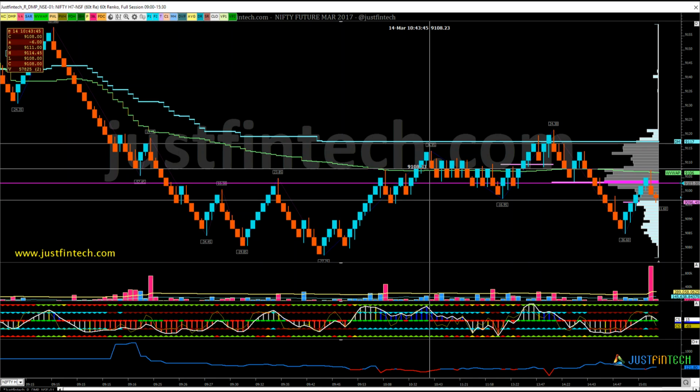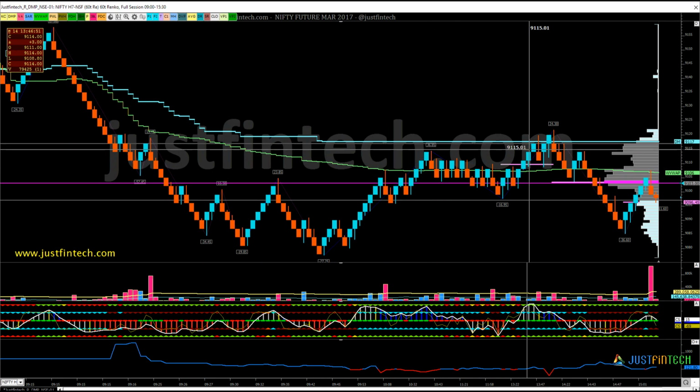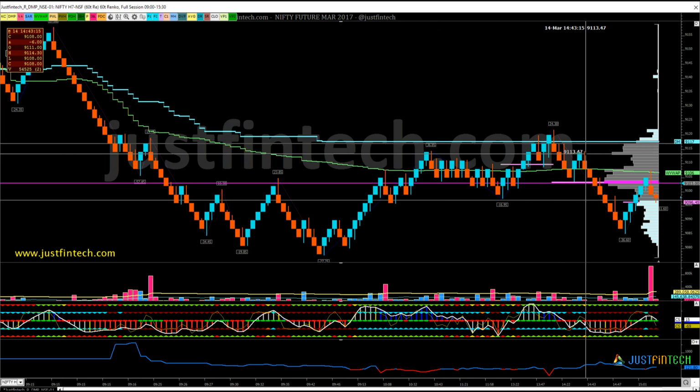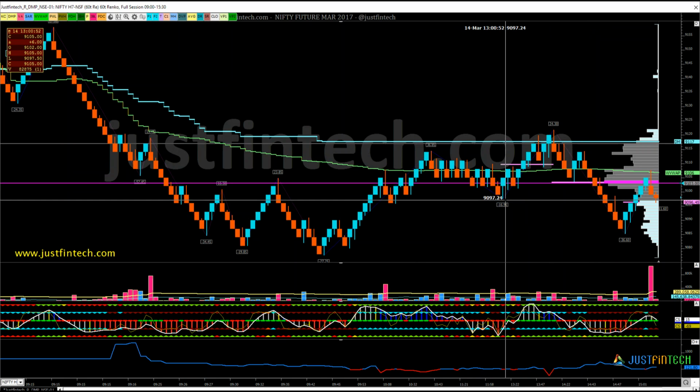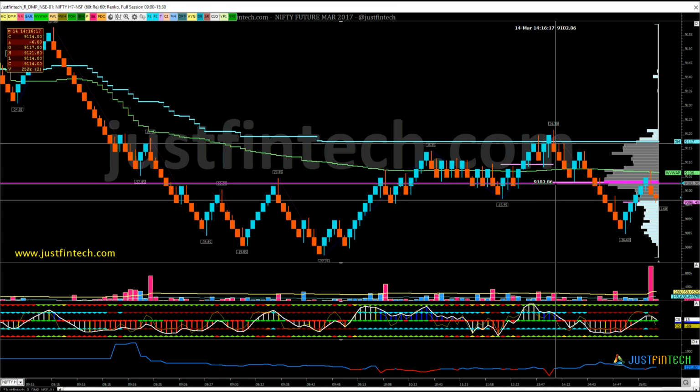And if we can see from 10:45 to almost 2:40, we traded just within this narrow range from the lows of 9097.50 to the highs of 9121.